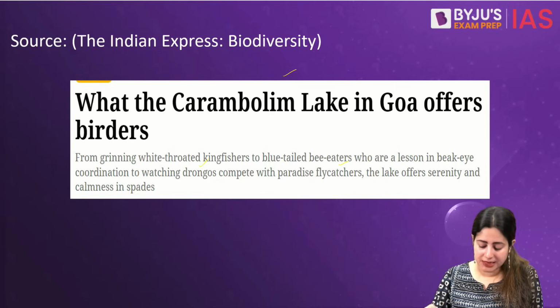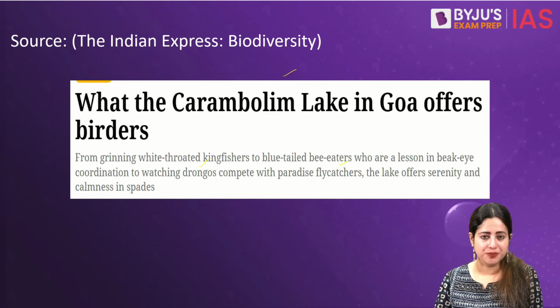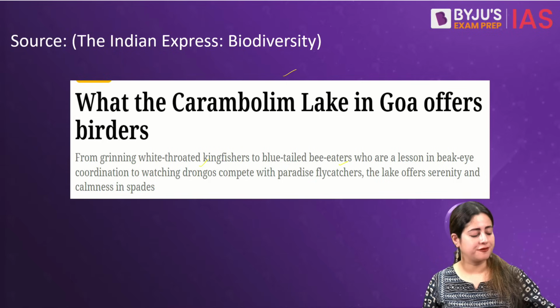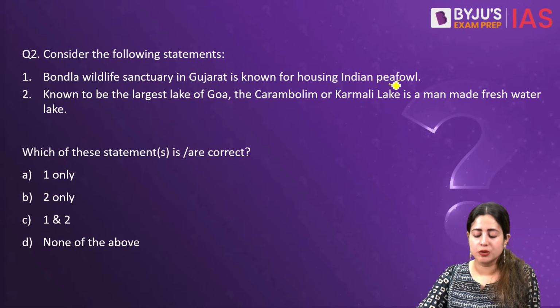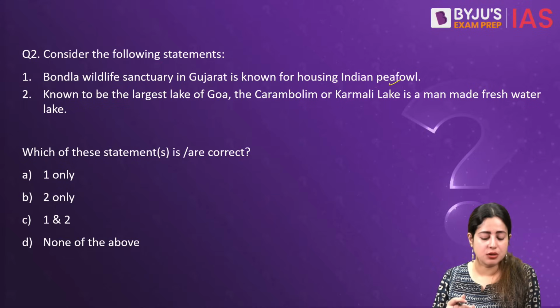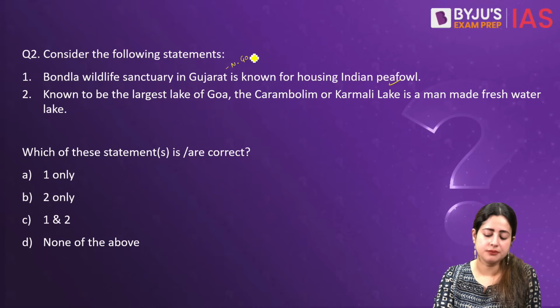Now, these birds present a beautiful paradise not only for bird enthusiasts, but have also been attracting tourism the world over. And in this regard, we have picked up this question which says Bondla Wildlife Sanctuary is in Gujarat. It is incorrect, because although the Bondla Wildlife Sanctuary does boast of the Indian peafowl, it's not situated in Gujarat. In fact, it's situated in north Goa.